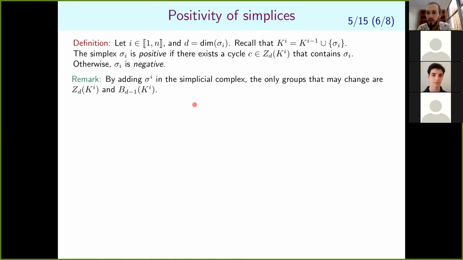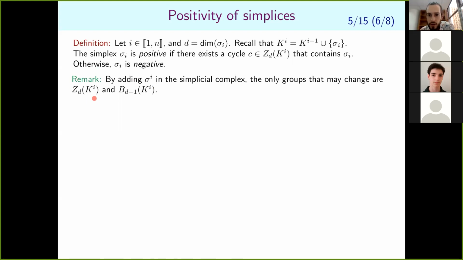When you add a simplex, you cannot change homology everywhere in your simplicial complex. You can just change the cycles of the same dimension or the boundaries of the lower dimension.